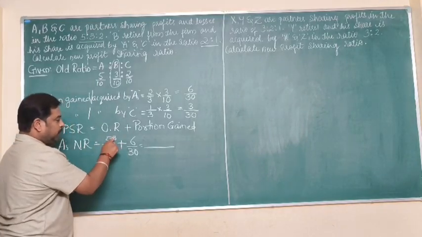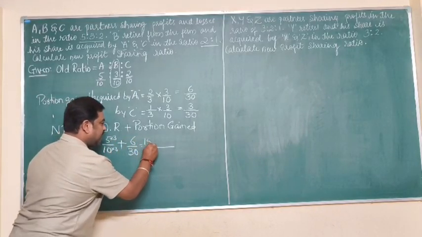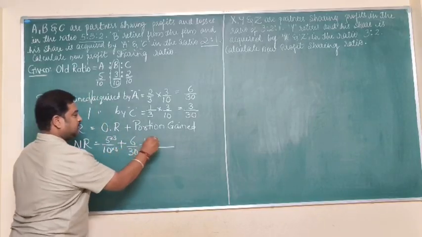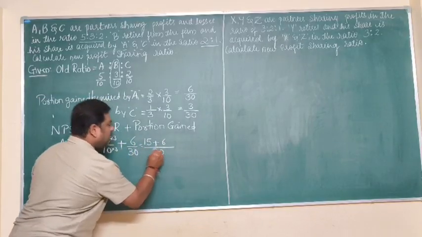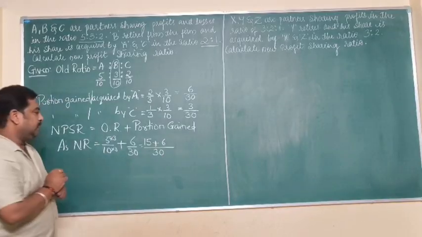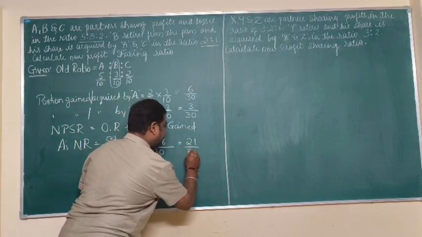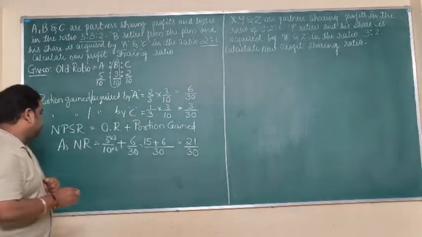So into 3, 5 3s are 15 plus 6, as it is, divided by common LCM, which is 30. Okay now. So 15 plus 6, it is 21 divided by 30.